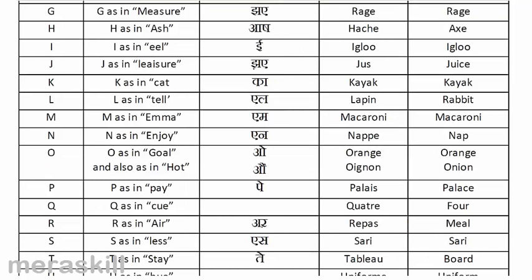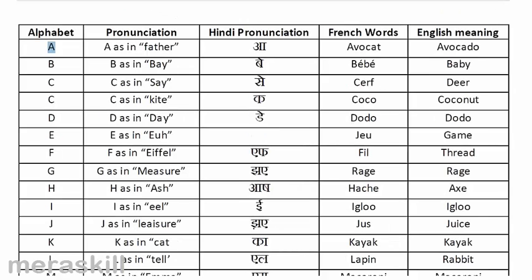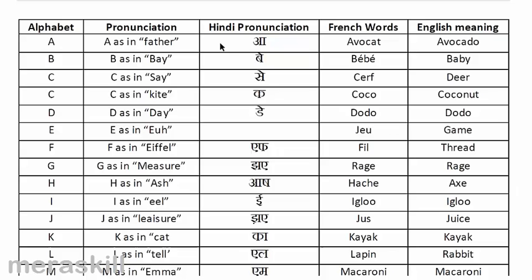So the letter A in French is pronounced like A in Hindi. Now, why have I taken Hindi? That is how we are taught in India, it is the basis of our language. So A is pronounced as in Hindi, as in father.